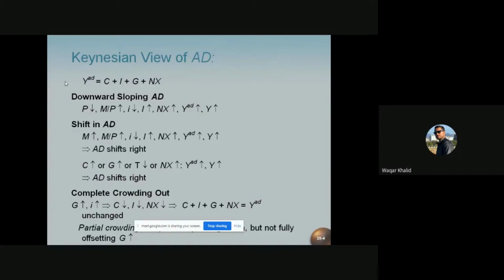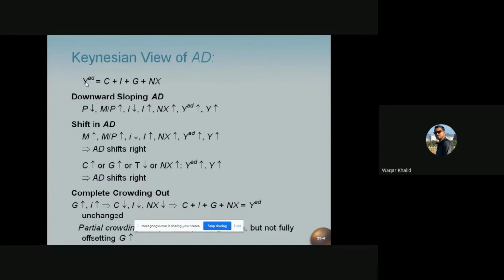It means that P divided by M will increase. If we decrease the value of P, it means that if the price level in an economy decreases by keeping the value of M constant, what is the result? Very simply, M by P will increase.